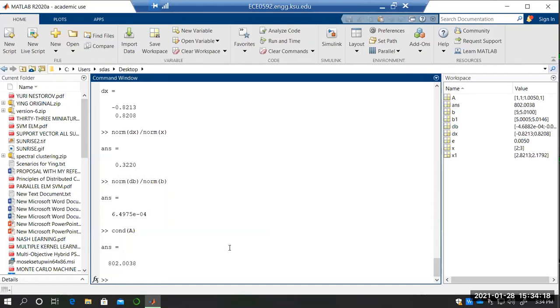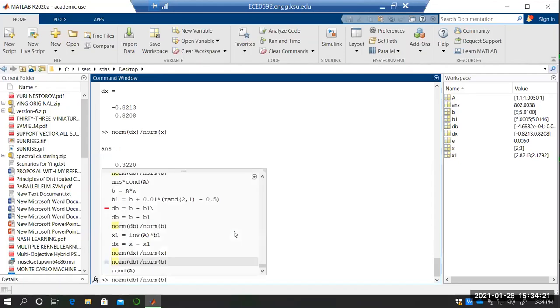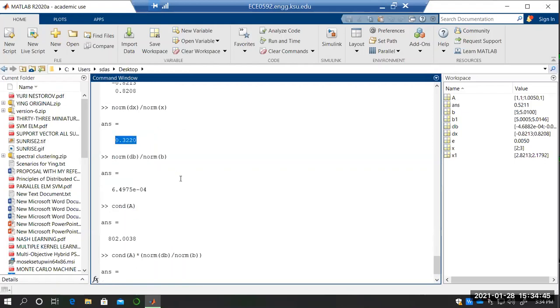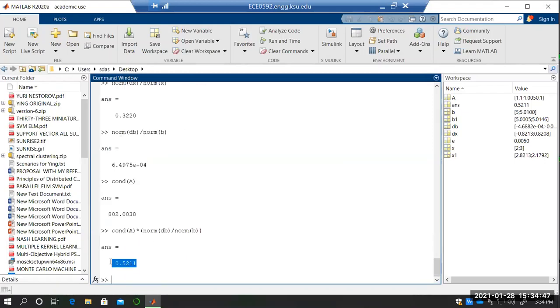So the condition number of A times this is... this is the fraction error in X now, 0.32, and the upper bound is 0.52. So that shows you why this is valid, right?